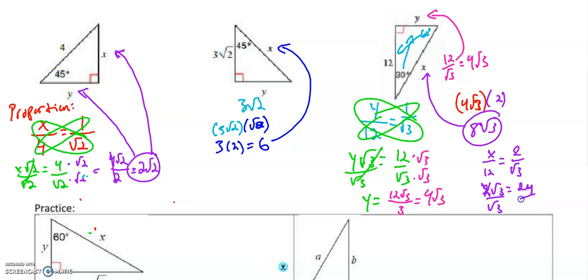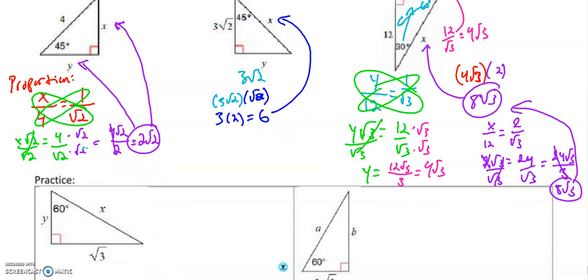Divide both sides by square root of 3 would give you 24 radical 3 over 3, which gives you 8 radical 3. As you can see, it's the exact same thing. Whichever method you decide to use, go for it. All right? It's all about preference.